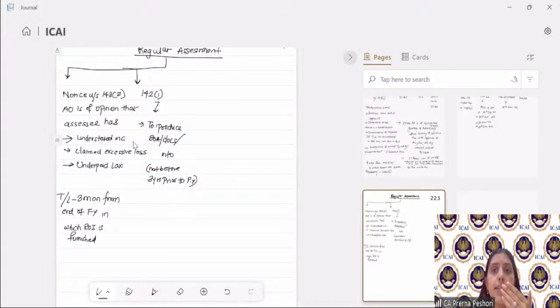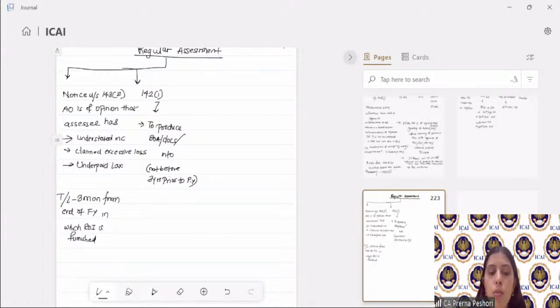So it is possible that, for example, the assessee has earned certain income, but he has not disclosed it by filing the return of income. Then in that case, what needs to be done?